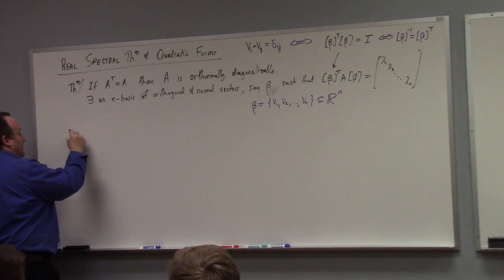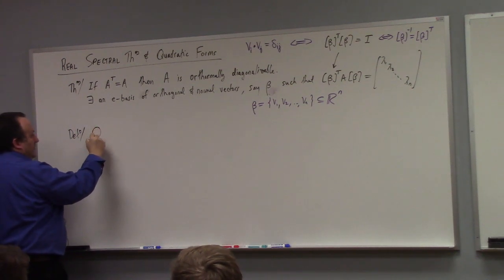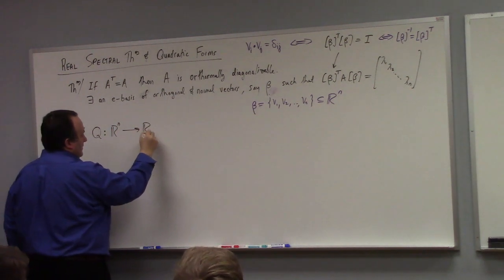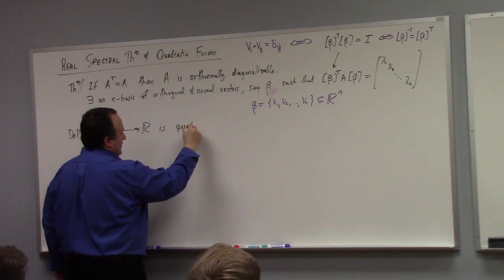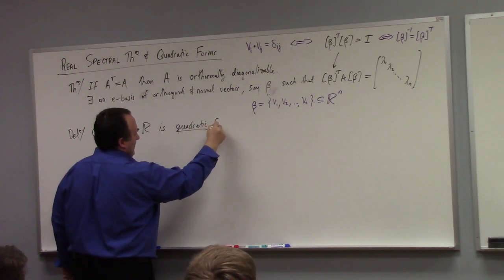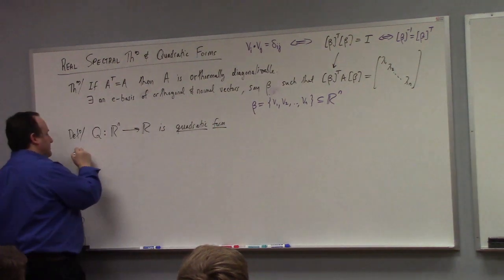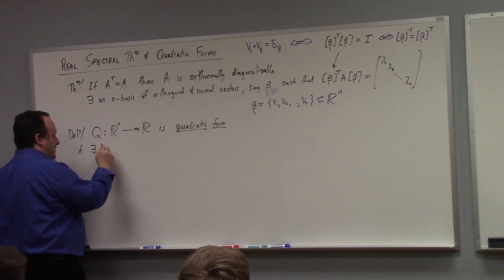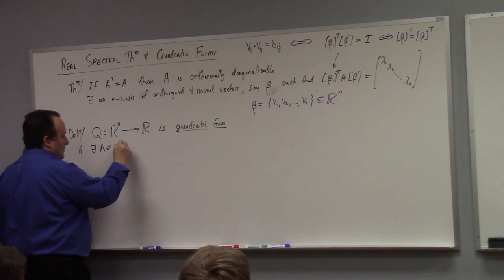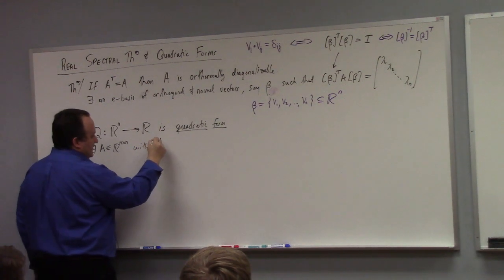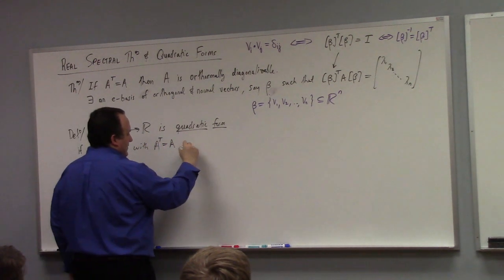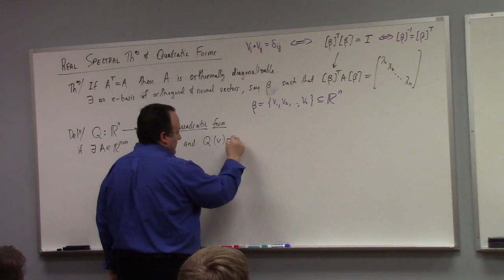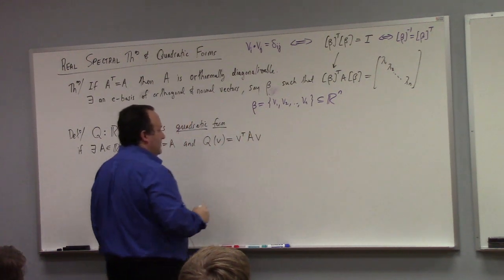What's a quadratic form? A mapping Q from Rn to R is a quadratic form if there exists A in Rn by n with A transpose equal to A, and Q of v is equal to v transpose A v.